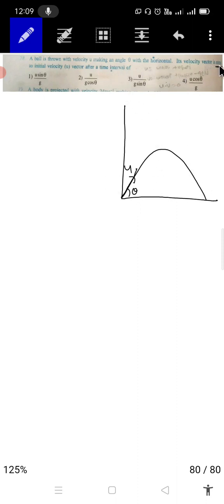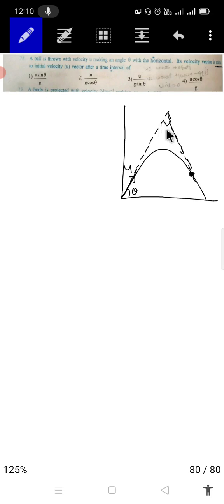Its velocity vector is normal to the initial velocity after a time interval. For example, I am going to extend it. This one goes like this. There is a point here. This is the velocity. Let us assume at this point we are going to observe this velocity.